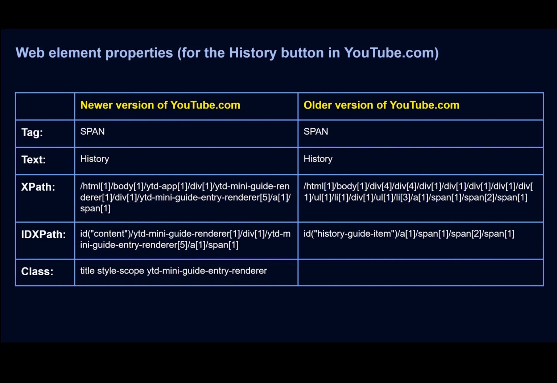So the XPath has actually changed from the older to the newer version. You see that it starts the same, which an absolute XPath always starts with HTML. The ID XPath is also different, and the older version doesn't have a class element. So they are a little bit different and a little bit the same.